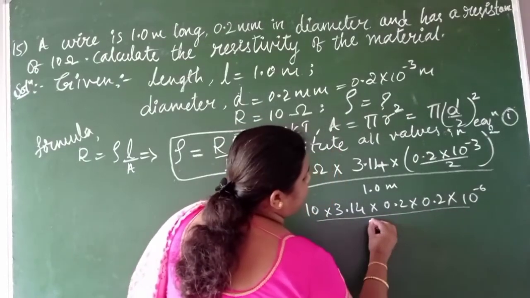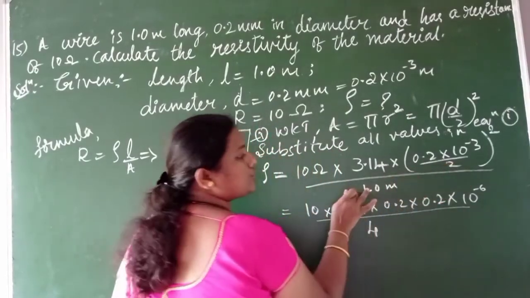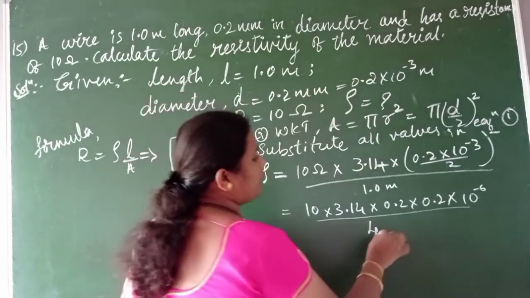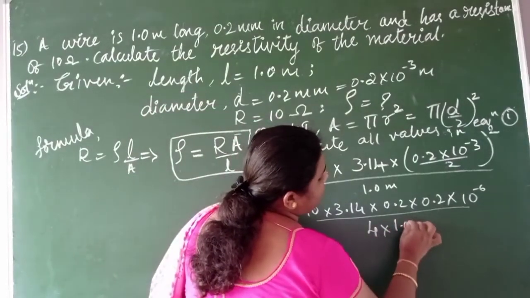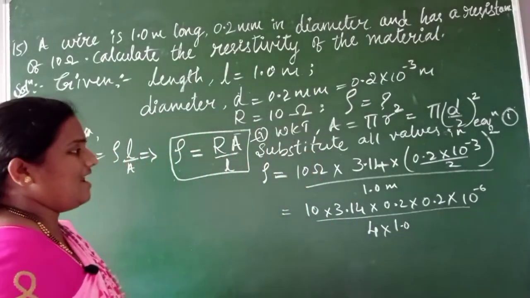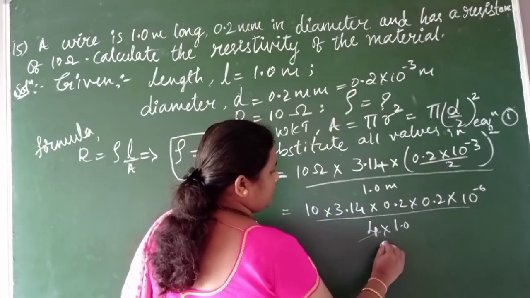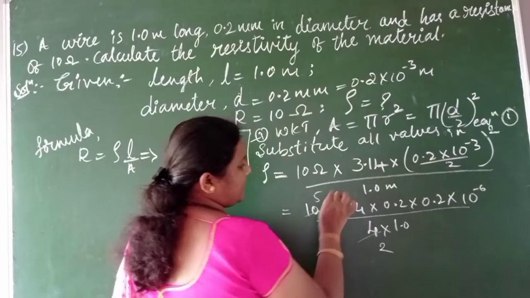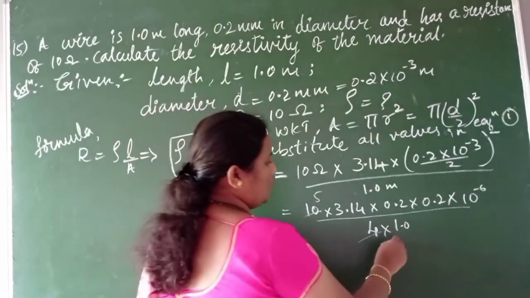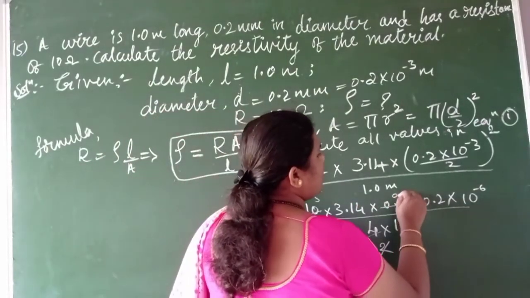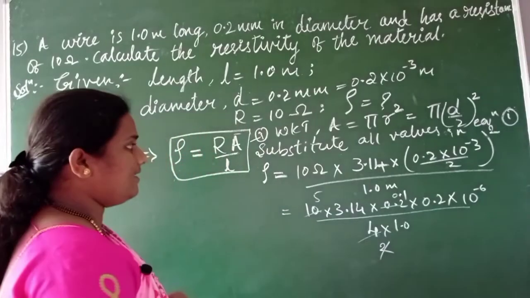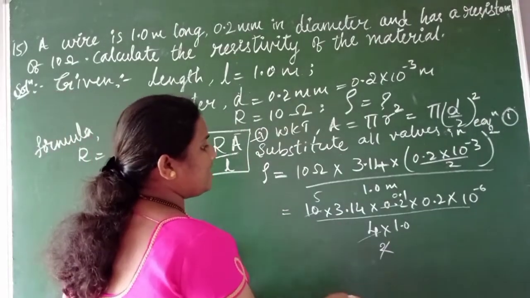So this 4 goes to the denominator, 4 into 1 meter. Now we will divide, that is 2s then 5s, 2 ones, here also 0.1 we will get. So now what has been left here?